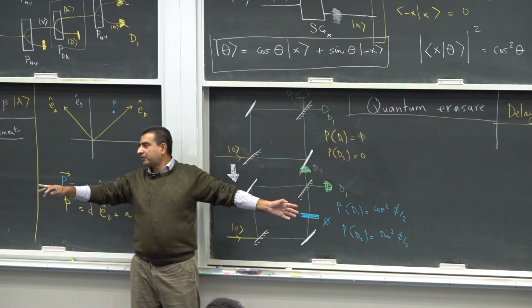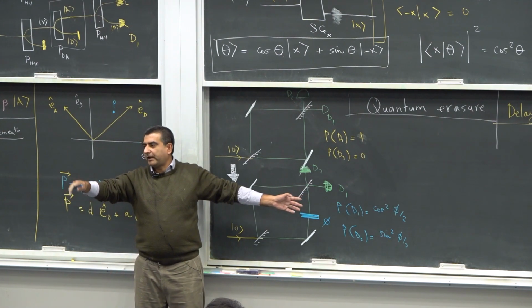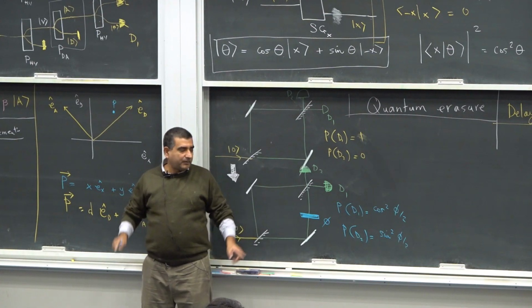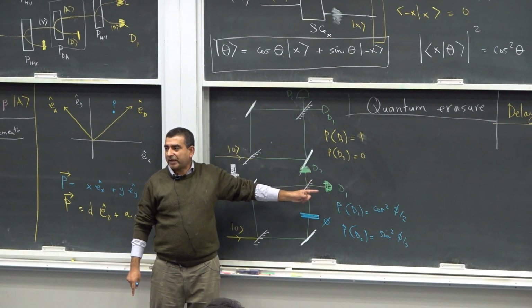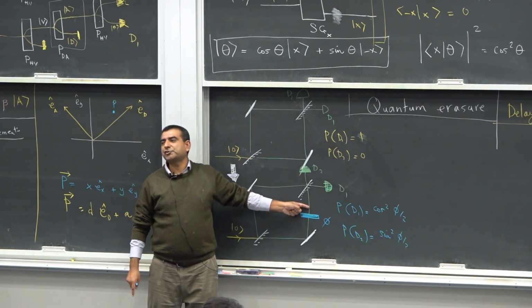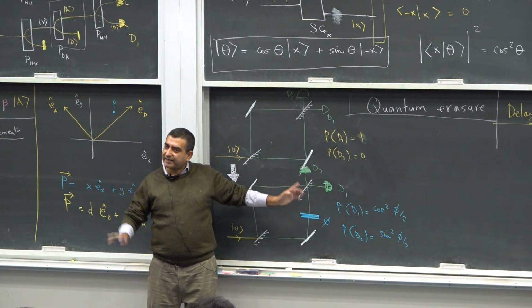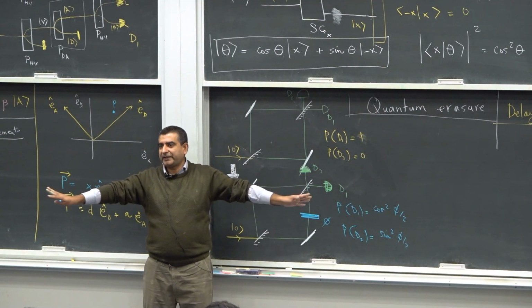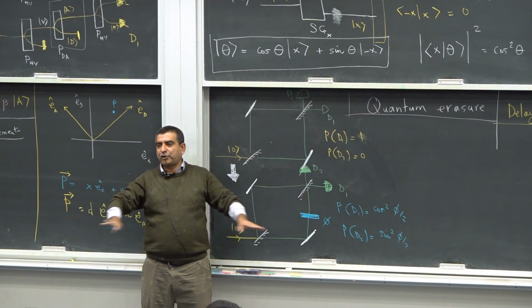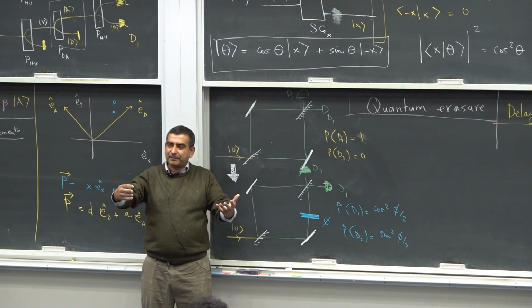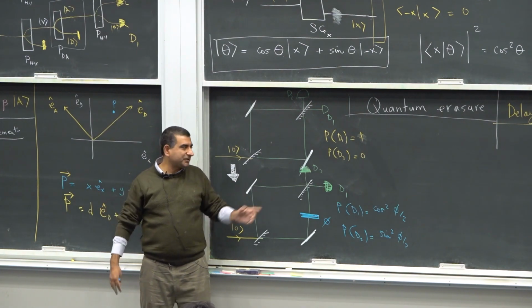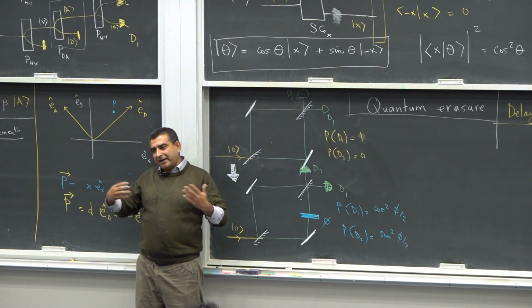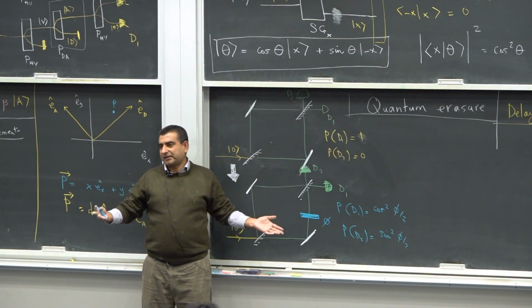Now your question about when both detectors are going to click: the momentum is uncertain, but the path also remains uncertain, and that's allowed, and that does not violate the uncertainty principle. To explain this fully, I have to describe this in terms of Bloch spheres and Bloch vectors. But it's possible that both the path and the momentum remain uncertain.